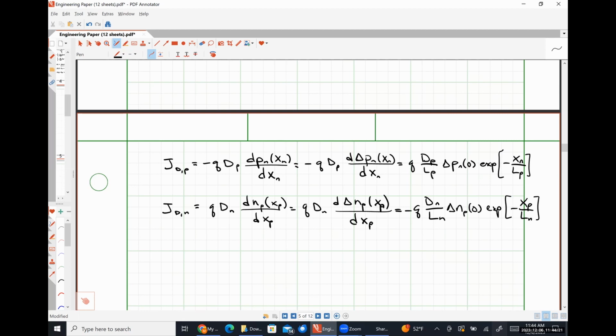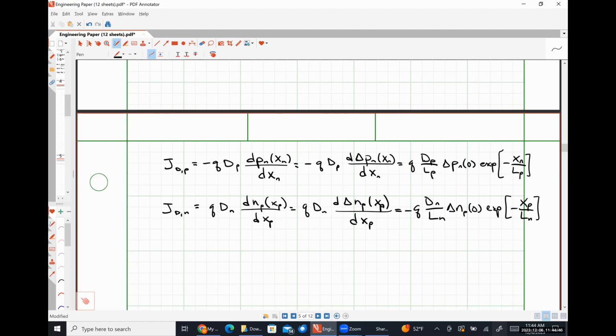One thing that seems a little fishy regarding these relations, which we're going to rectify in a moment, is that it seems like the current flowing through the device depends on position, because this is a current density that depends on x sub n, and this one depends on x sub p.